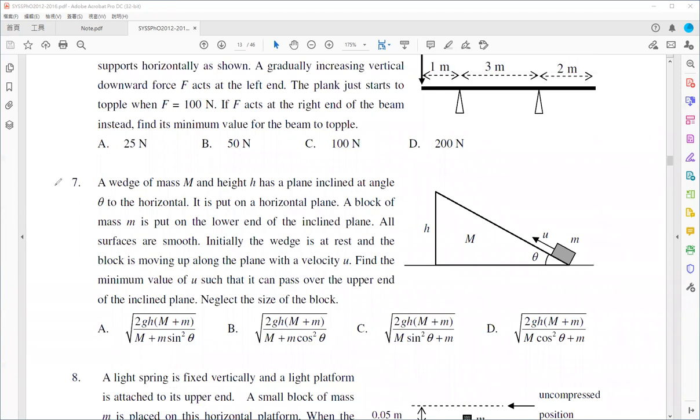So this one, question 7. A wedge of mass big M and height H. Have a look. Find the minimum value of U such that it can pass over the upper end of the inclined plane.